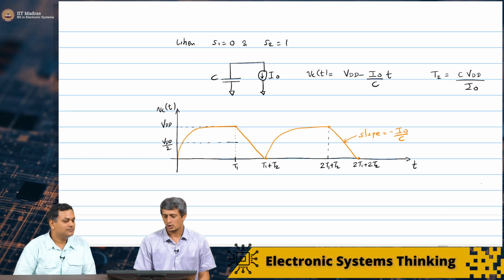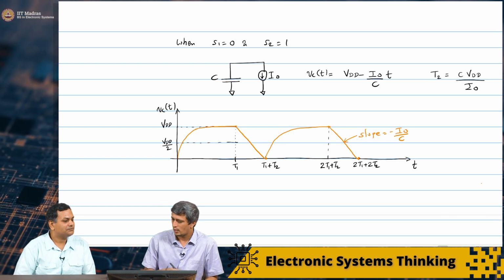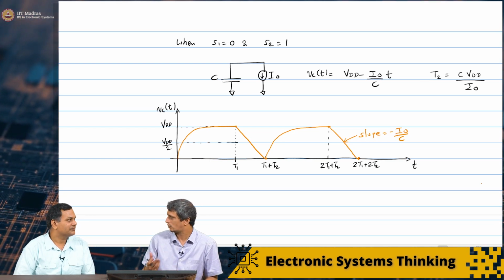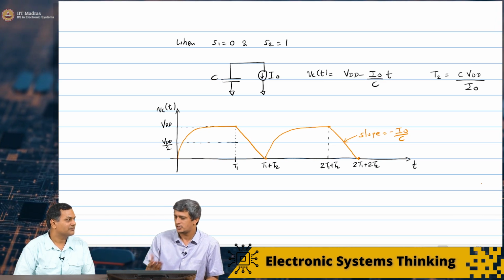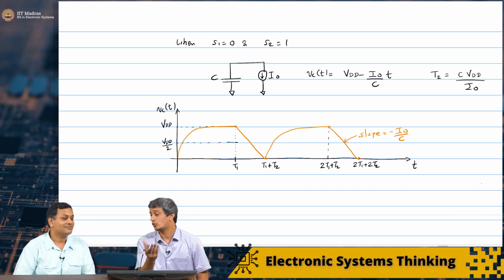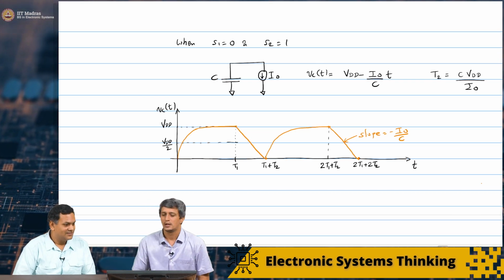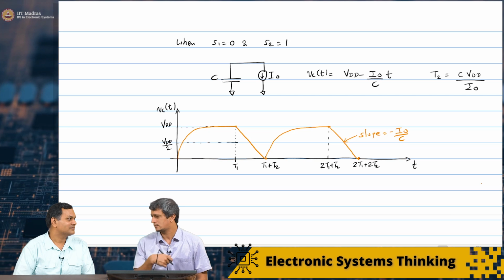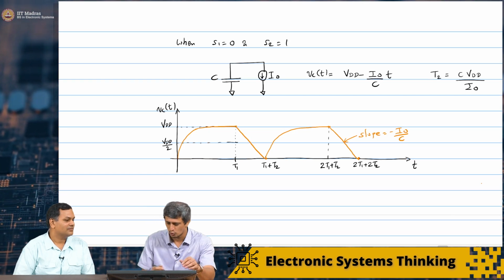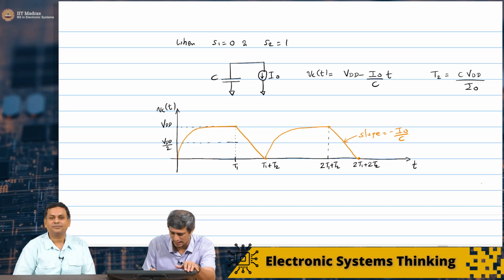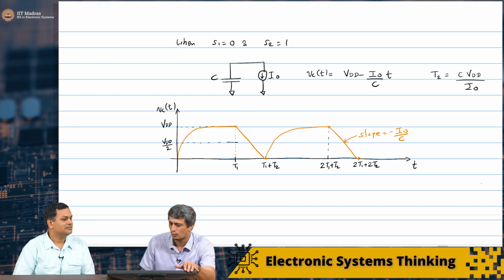So now we could calculate some interesting things. For example, how much energy has the voltage source delivered, and how much energy is ultimately going to the resistor? Let's look at the energy that is delivered by the voltage source.